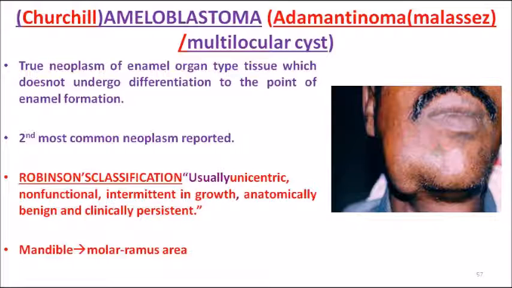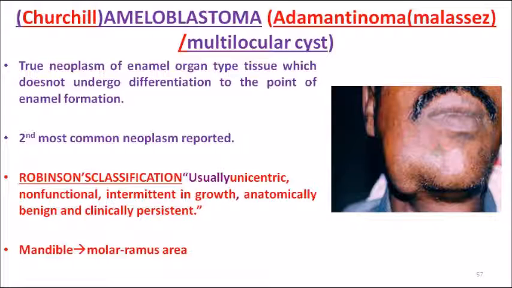And in the advanced bell stage, from these ameloblast cells we have the formation of enamel, from the odontoblast cells we have the formation of the dentine, isn't it? So during the developmental stage, this ameloblast cell formation is happening, till the early bell stage it is proper. But the differentiation of ameloblast cells into enamel does not happen. That purely results in ameloblastoma.